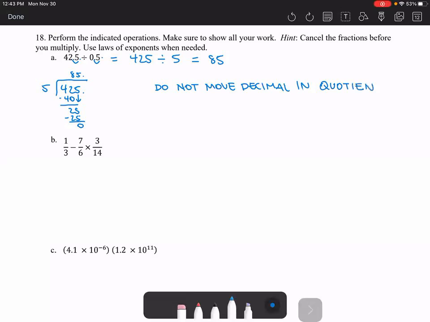You don't. You multiplied it by 1. You multiplied it by 10 over 10 if you wrote it as a fraction, so there's no need to move it back. This is just 85. So 42.5 divided by 0.5 is an even whole number, 85. So you don't move the decimal back.